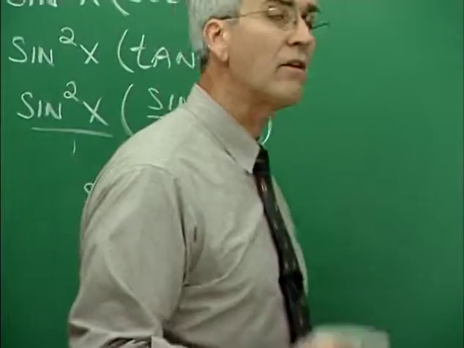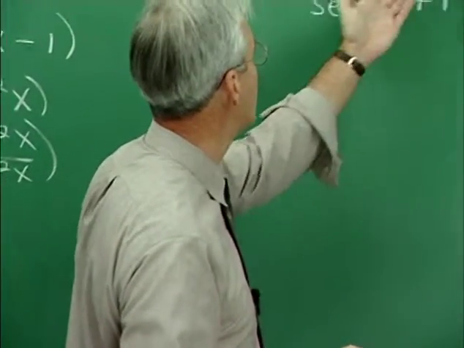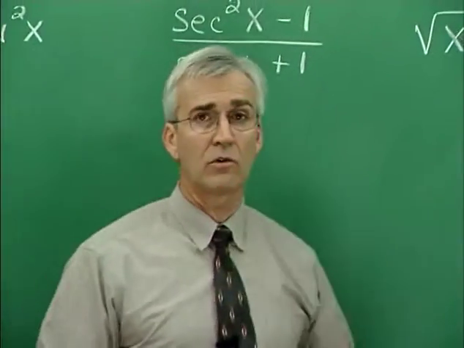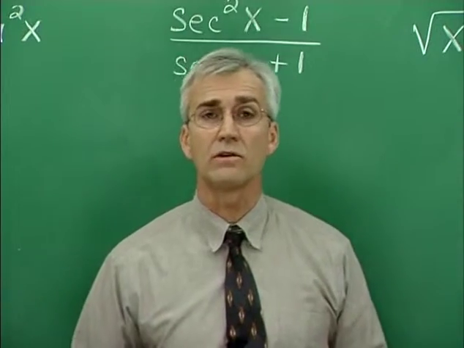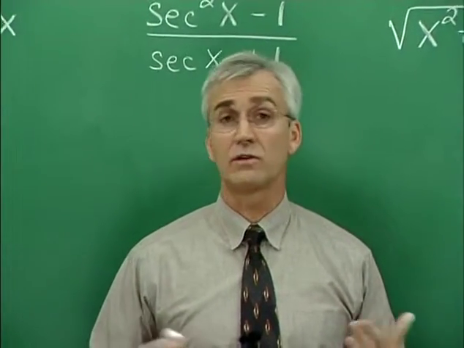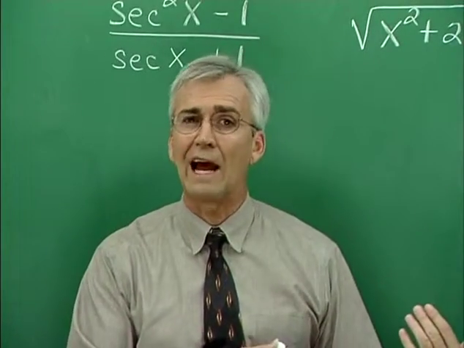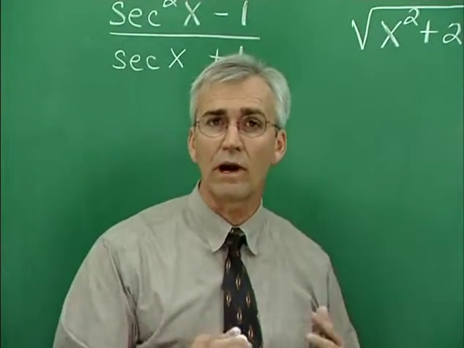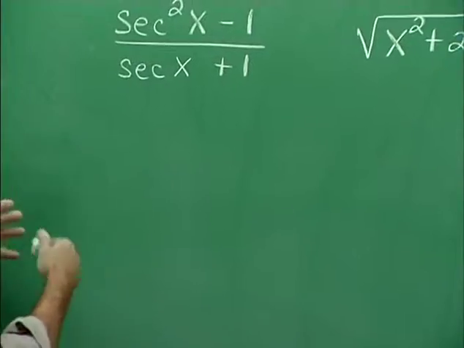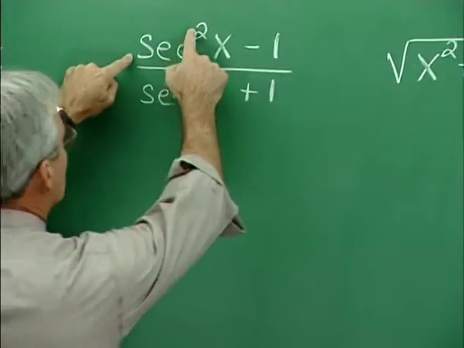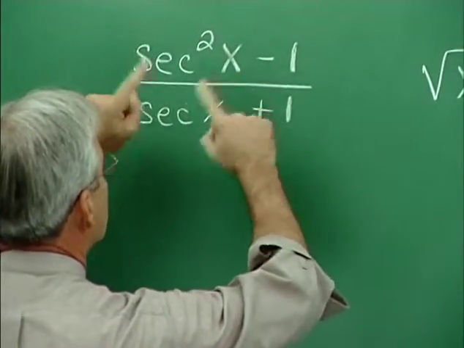Here's another one. Another factoring opportunity occurs here. It turns out that in this numerator we have the difference of 2 squares. And we can factor in much the same way that we factor the difference of 2 squares in earlier algebra. It's just an algebraic form that is similar to what we've had before. So secant squared x minus 1 is the difference of 2 squares.